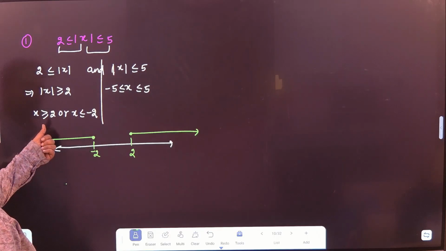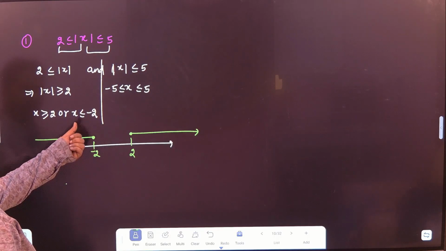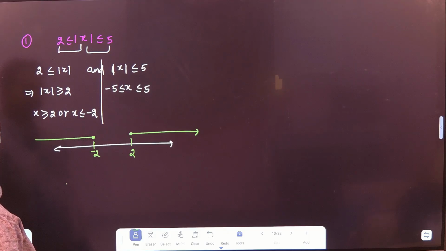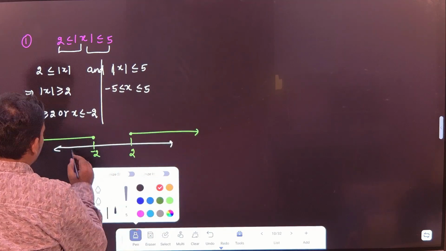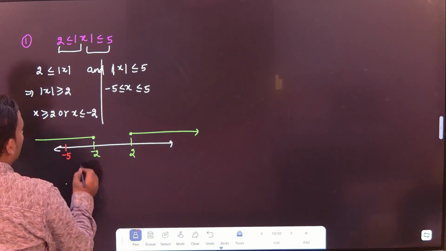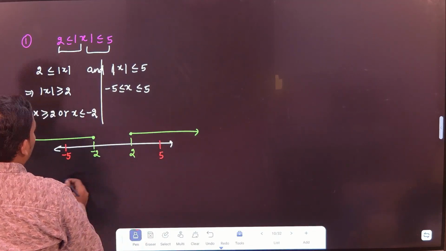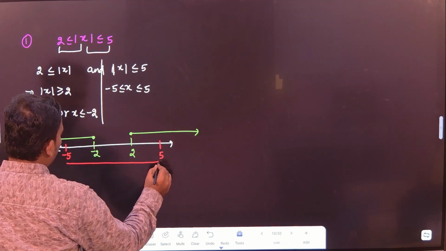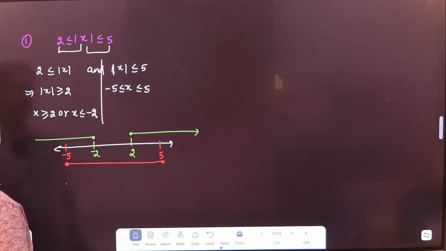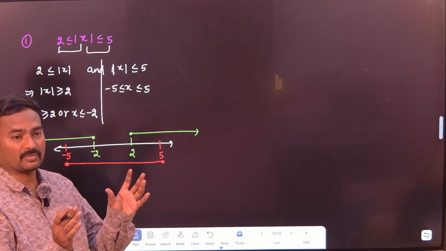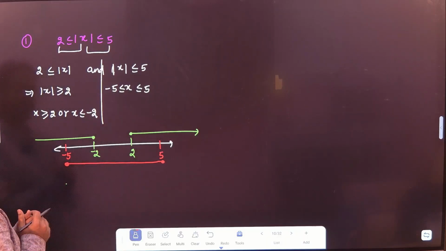X is more than 2 or less than minus 2. Yes. Next you can check the minus 5. So minus 5 here and plus 5 here. Minus 5 to plus 5. Both will be included.